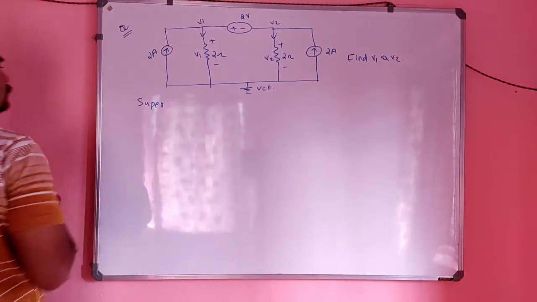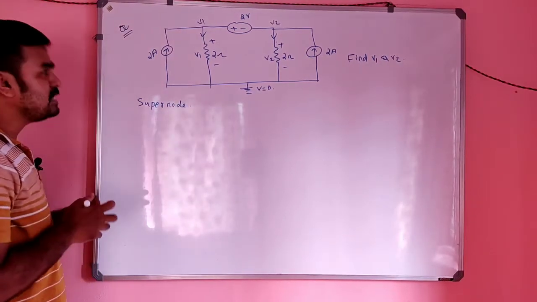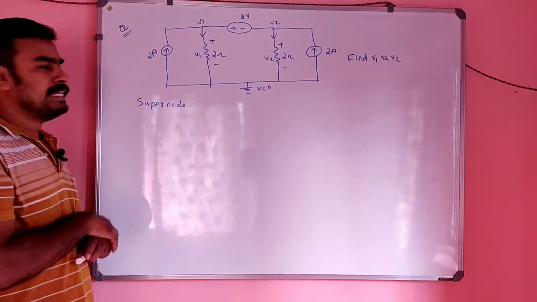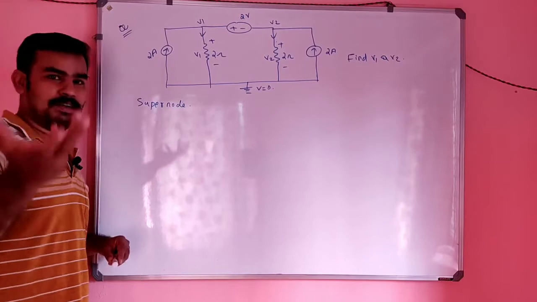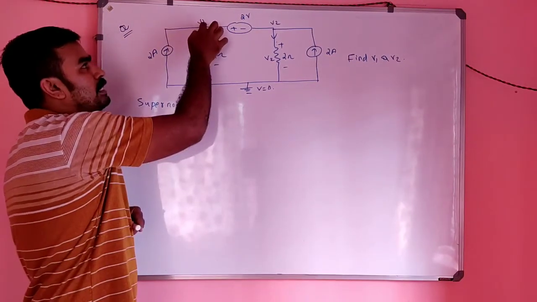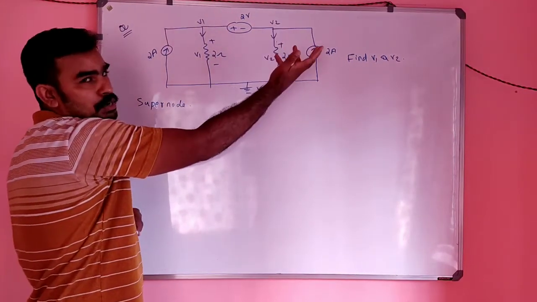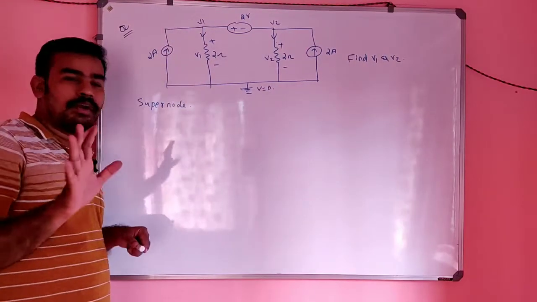What does super node mean? Super means it is beyond normal. V1 is a node, and V2 is a node, so beyond those nodes, something is called the super node.